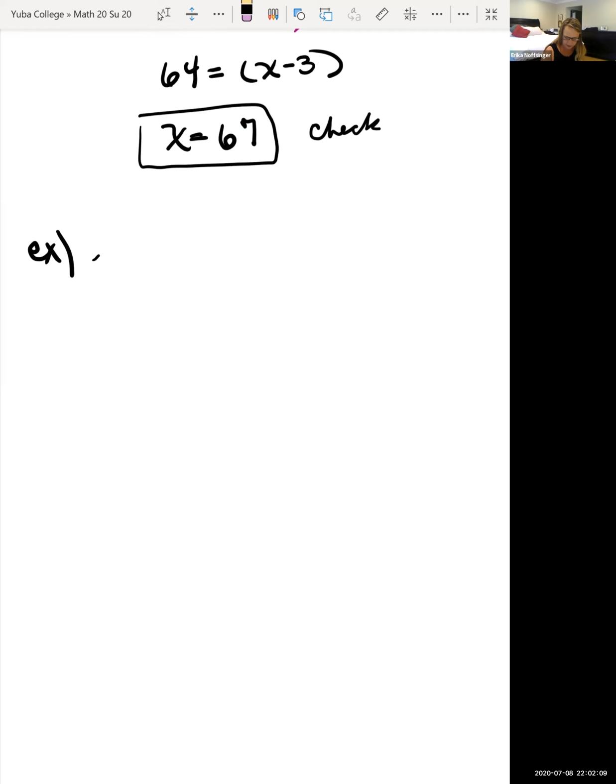So this one, we have log base A of some variable x plus log base A of x minus 2 equals log base A of x plus 4.